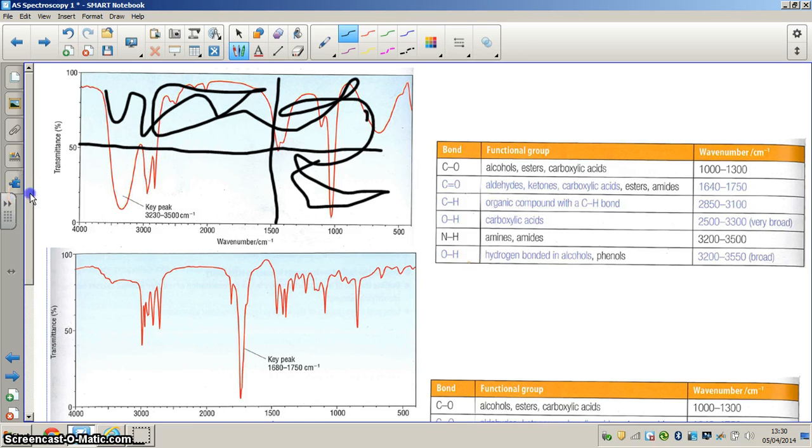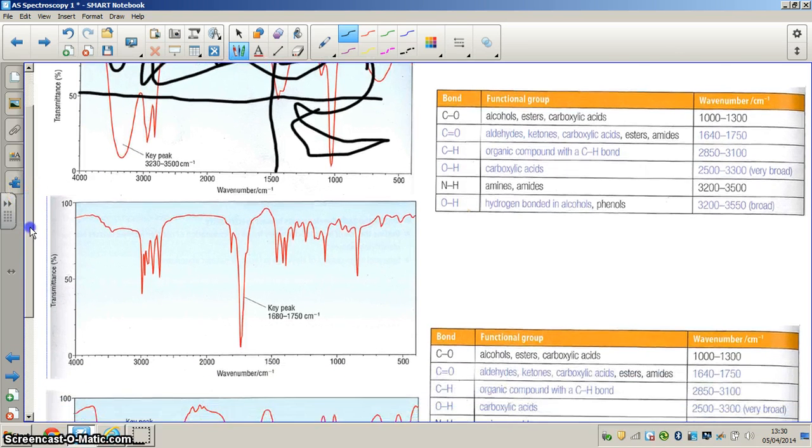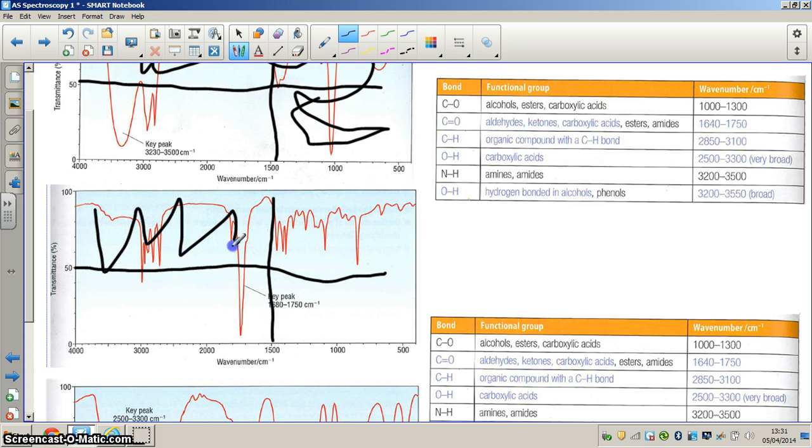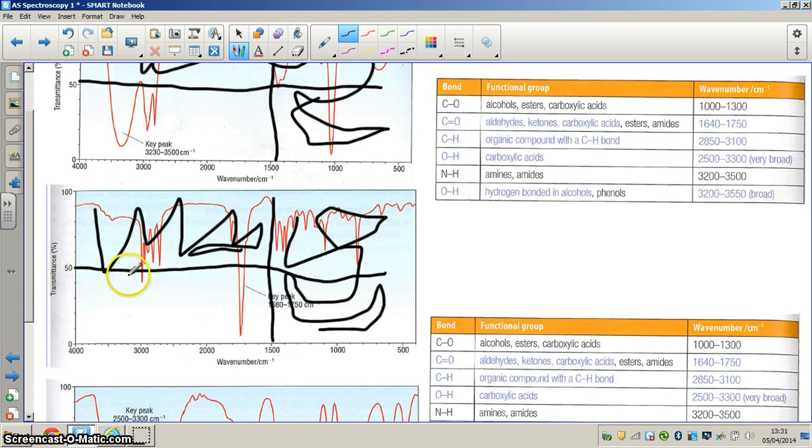Let's progress forward to this. Again, I'm going to draw some lines. And if we look, the only thing here of note is a peak at around about 1700.